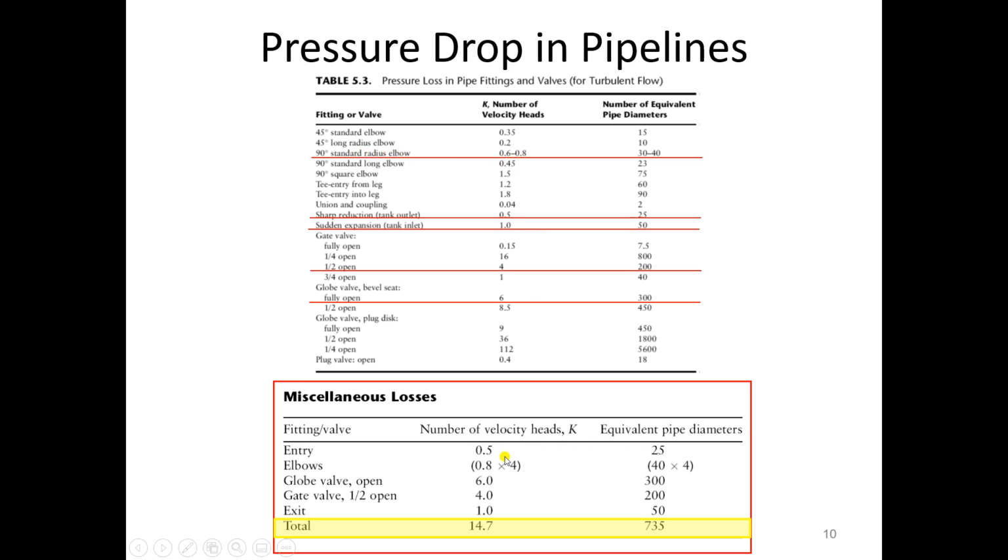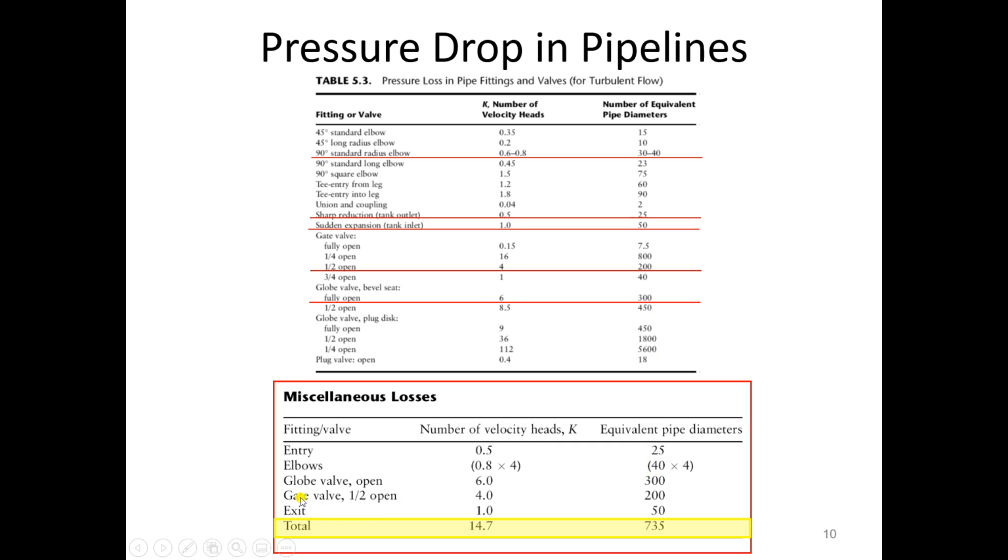We take 0.8 times 4 because we have 4 elbows, so 40 times 4 because we have 4 elbows. Then the globe valve here is open, so we check globe valve. Fully open is 6 and also 300.